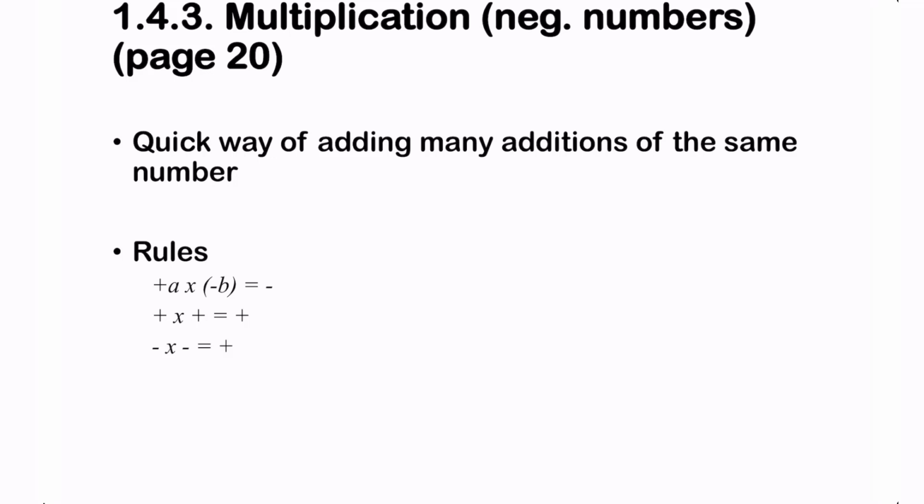Multiplication is a quick way of adding many additions of the same number, and this includes multiplication of negative numbers. The basic rules apply, and there is a set of rules for multiplying negative numbers together. A positive times a positive equals a positive.